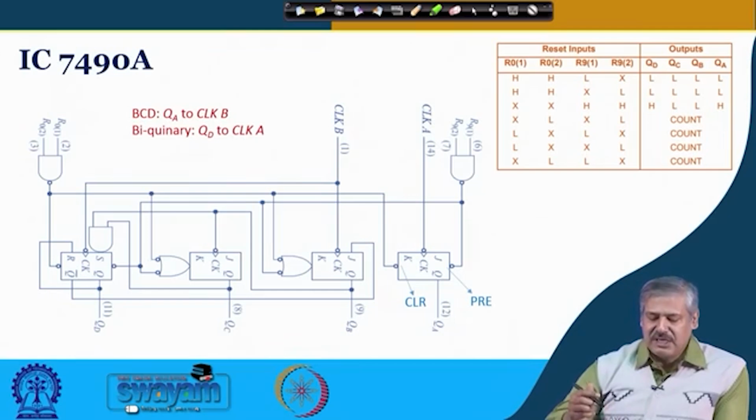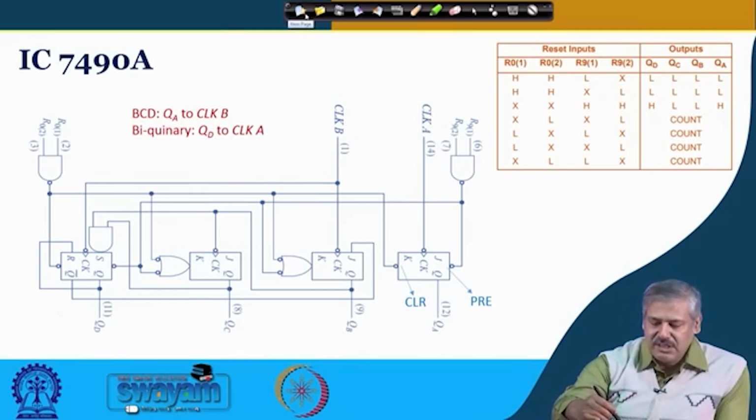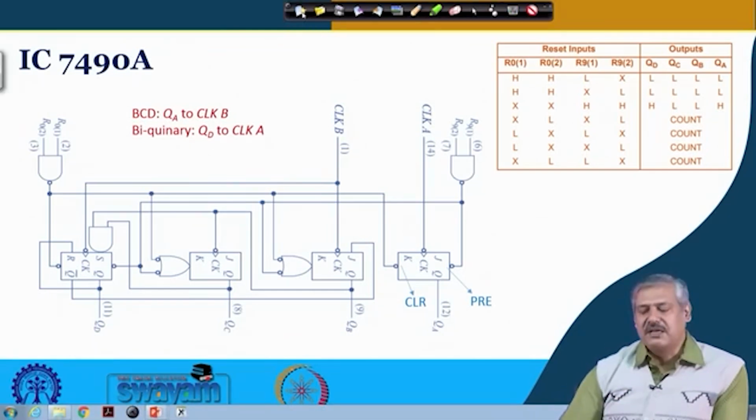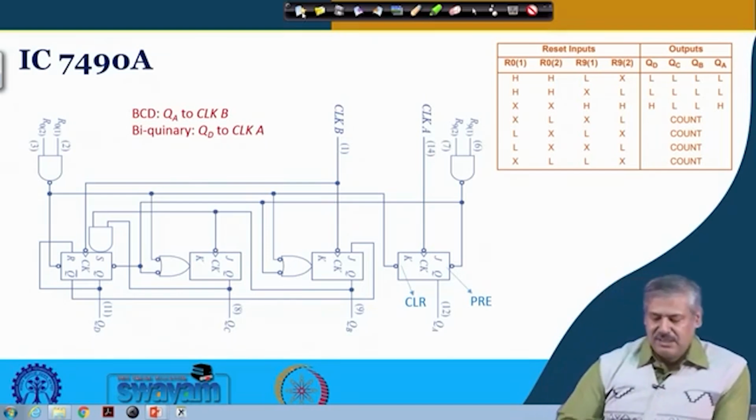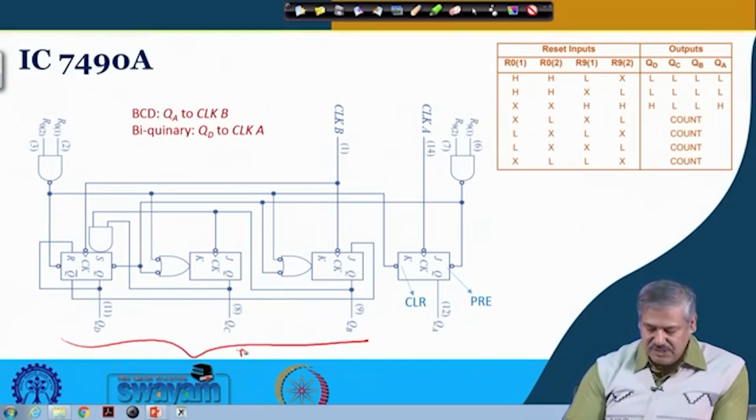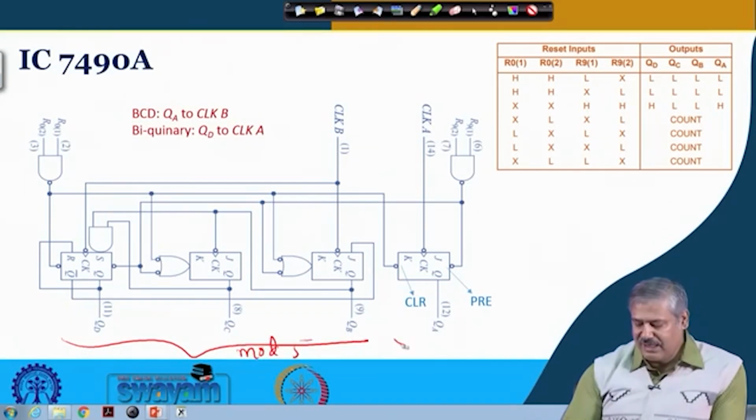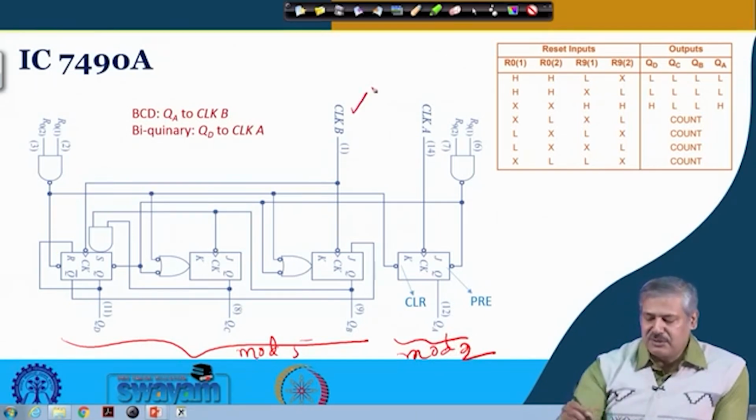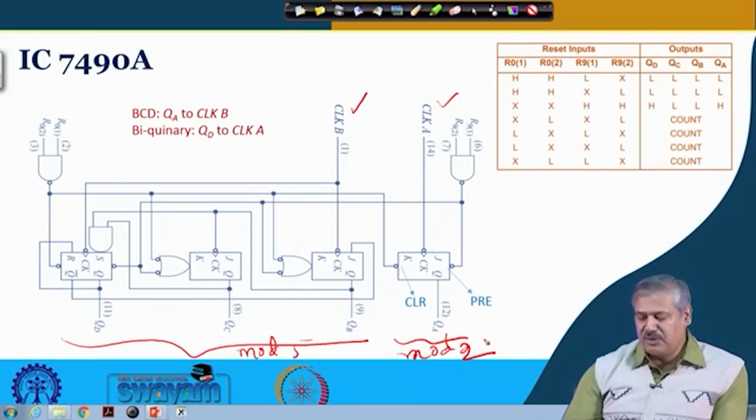So IC 7490A is one such IC, and this IC has a mod 5 counter over here, and a mod 2 counter. You can see there are 2 clocks. This clock is associated with the mod 2 counter and this clock is associated with the mod 5 counter, right.